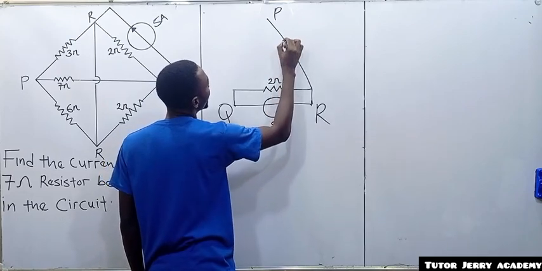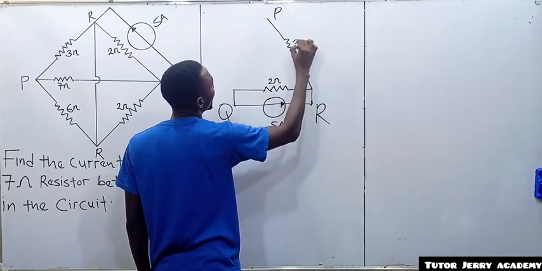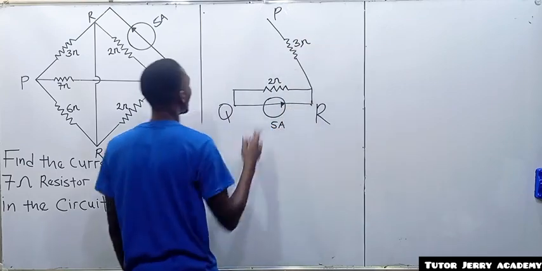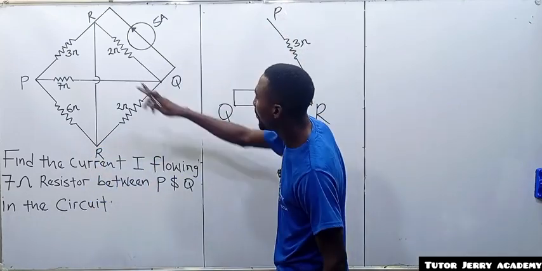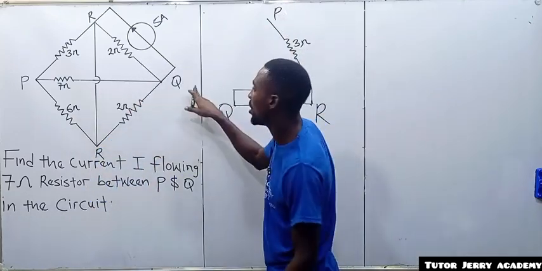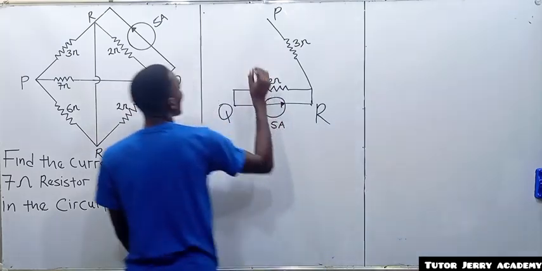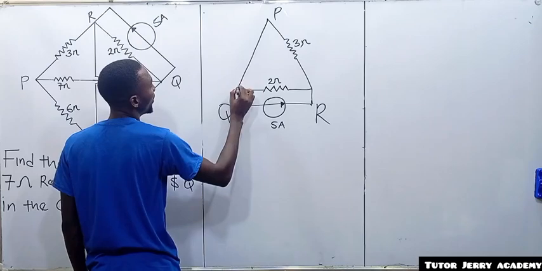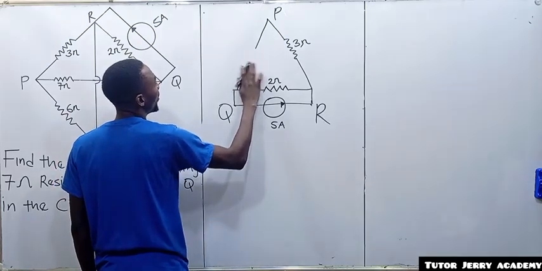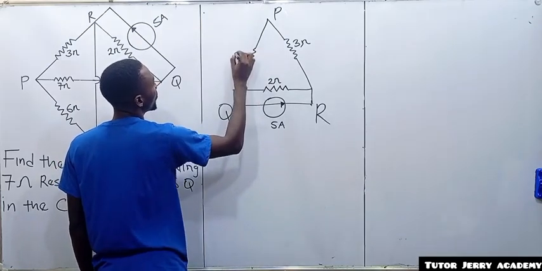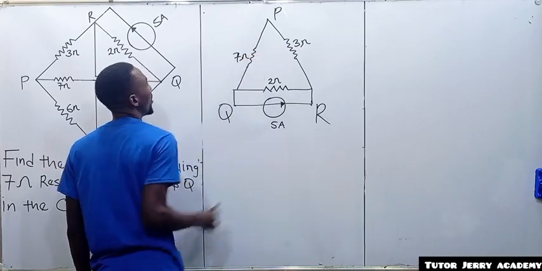So I'm going to have here to be 3 ohms. What of PQ? PQ is 7 ohms. So we are going to have something like this here, 7 ohms.